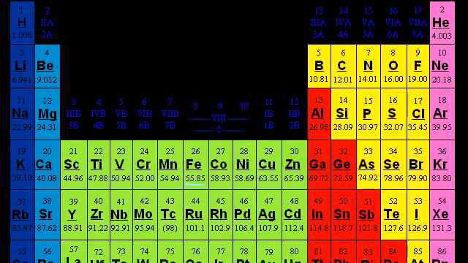So aluminum, or aluminium, as some of our friends across the pond might say. Aluminium, actually I enjoy that more. Aluminium has an atomic weight, or the weighted average, of 26.98. But let's just say the aluminium that we're dealing with has a mass of 27 atomic mass units.